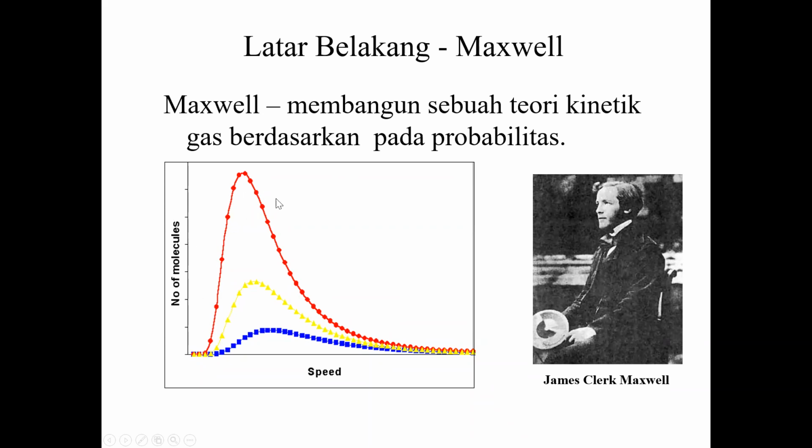The distribution is like this, the Maxwell-Boltzmann distribution function. This is the number of molecules and this is the speed. If the speed of the molecule is greater, the probability becomes smaller.